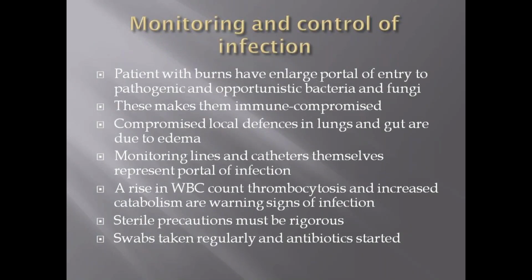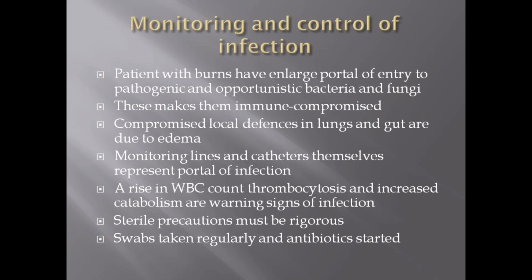So how do you monitor and control the infection? Patients with burns have enlarged portal of entry to the pathogenic and opportunistic bacteria and fungi. This makes them immunocompromised. Compromised local defenses in lungs and gut are due to edema. Monitoring IV lines, catheters themselves represent portal of infection.